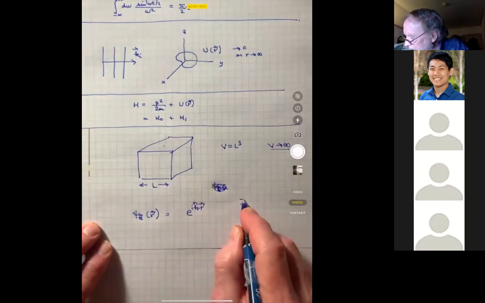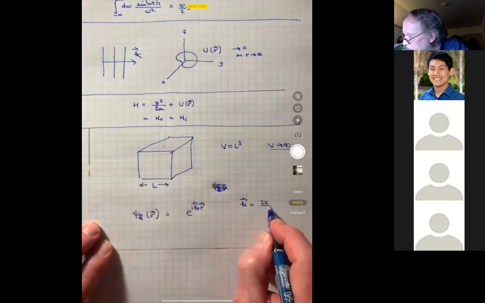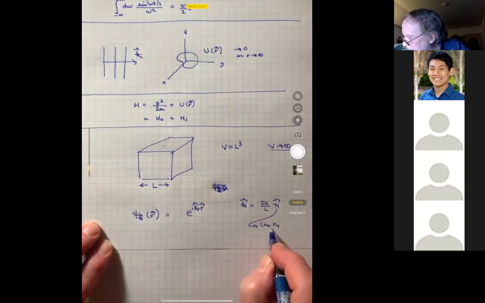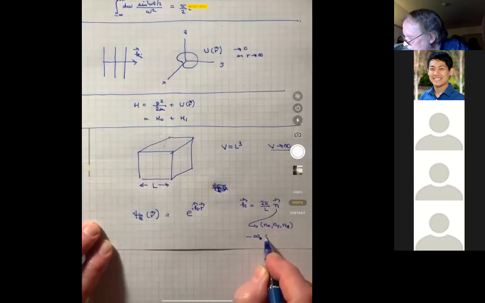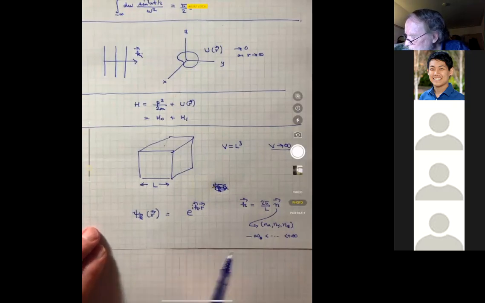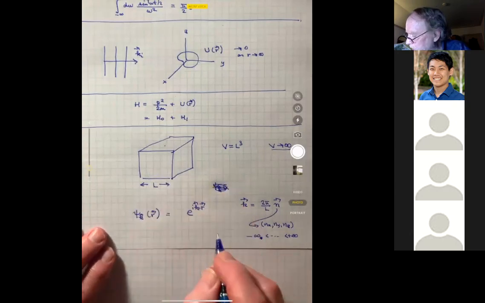And the wave vector k, in order to be periodic inside the box, must be equal to 2 pi over L times an integer vector n, where the integer vector n consists of components nx, ny, and nz, each of which is an integer that ranges between minus infinity and plus infinity to give you different choices for k. So there's a discrete set of k values, and this gives us a discrete spectrum of the Hamiltonian H0 with periodic boundary conditions.